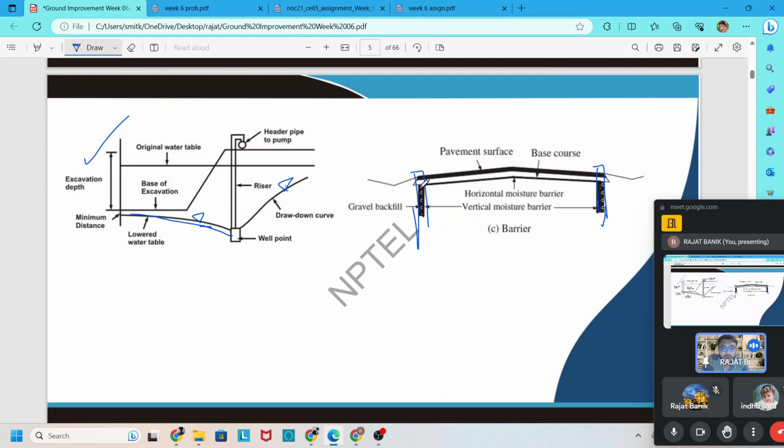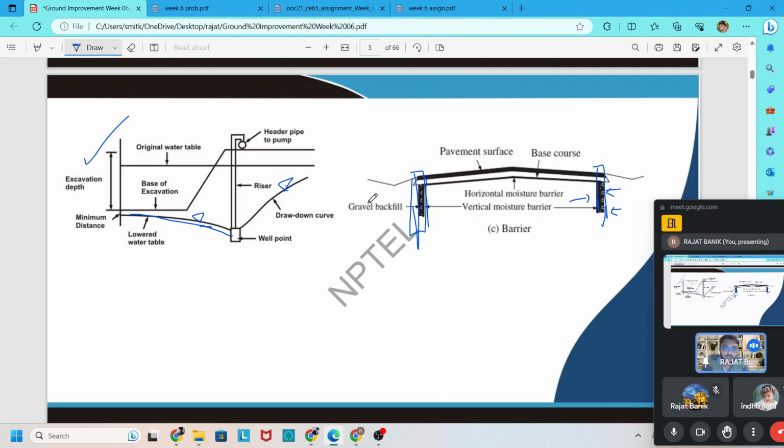This wall may be backfilled with a good drainage material like gravel or sand, and some filter material is also incorporated around this barrier to pass water only.